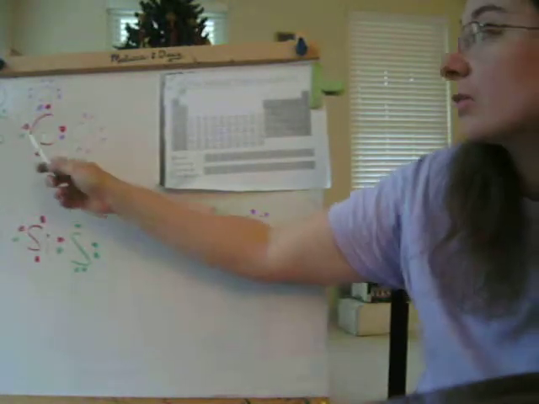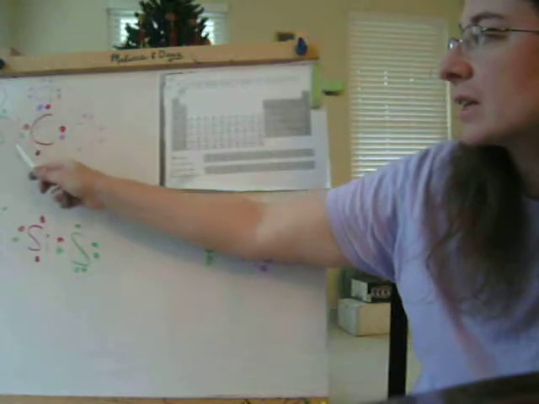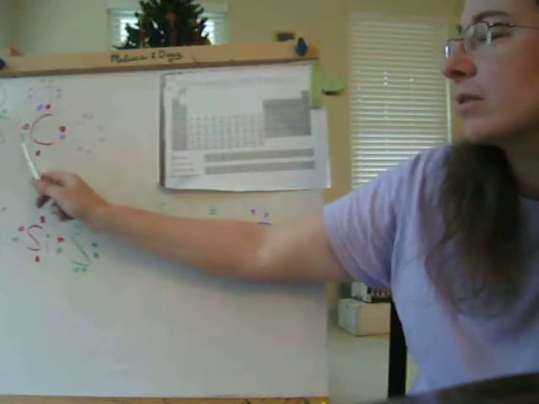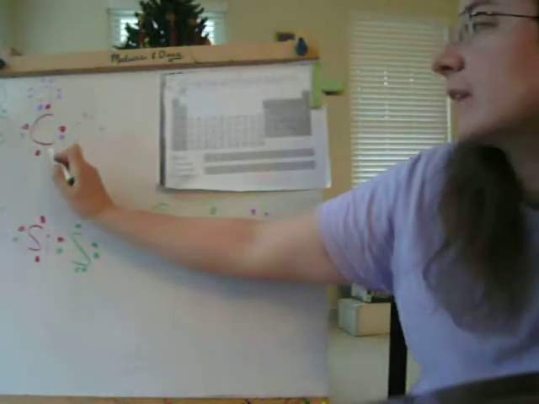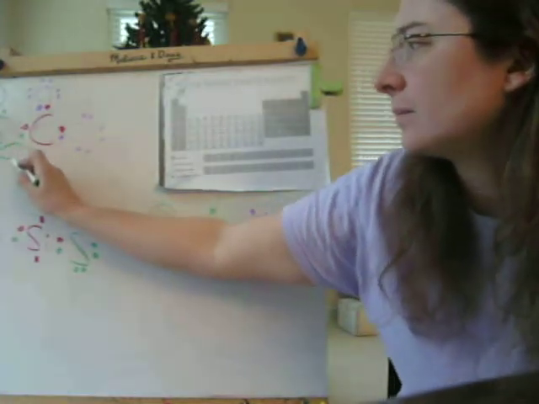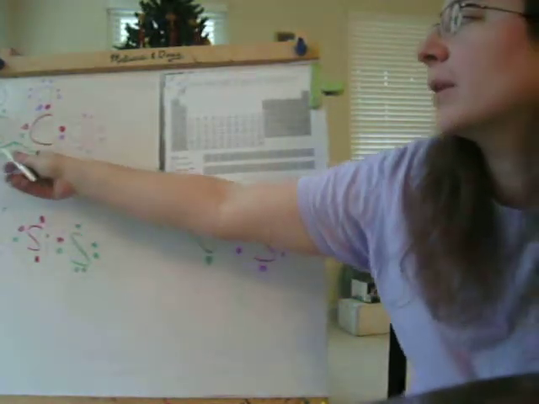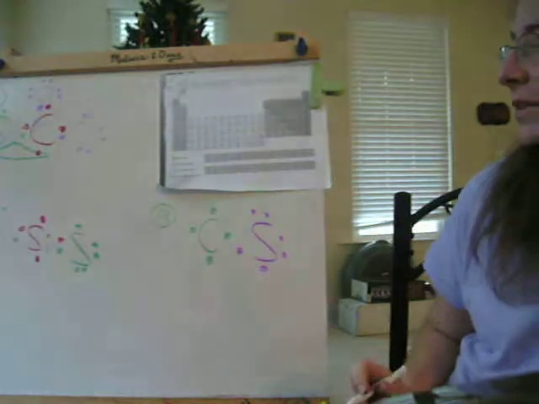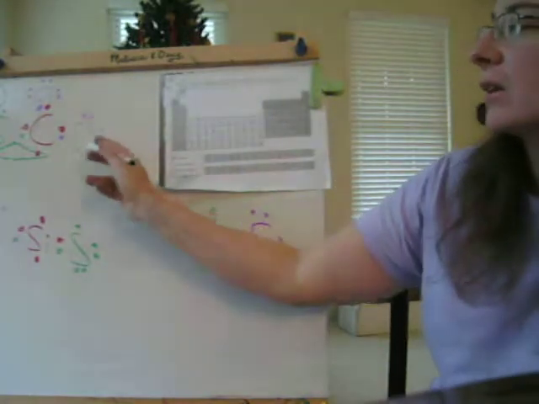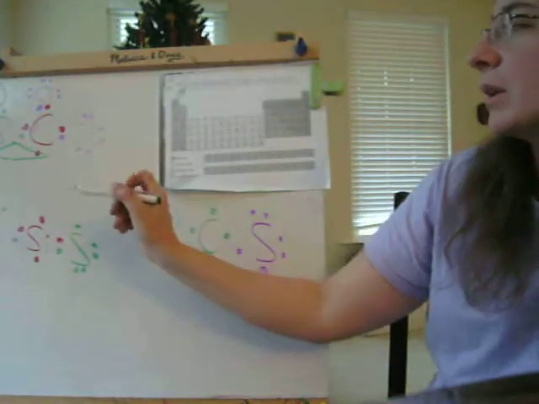Then I put the sulfur over here, and you can see that it's obvious that the carbon and the sulfur share this one. The only thing that's not quite as obvious right here, these two that are still unpaired, so they'll join together and form a double bond between the carbon and the sulfur.